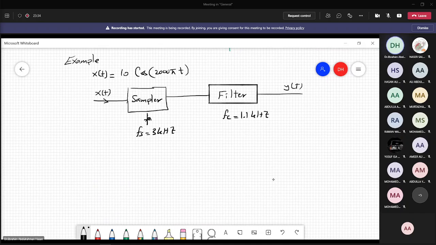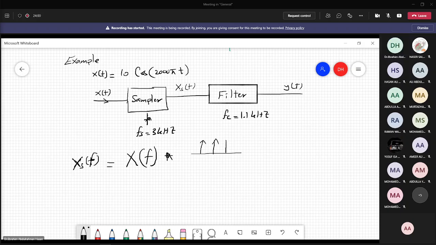So here we have xs of t, which is x of t convolved with xp of t, and xs of f in the frequency domain is equal to x of f convolved with the impulse train Xp.